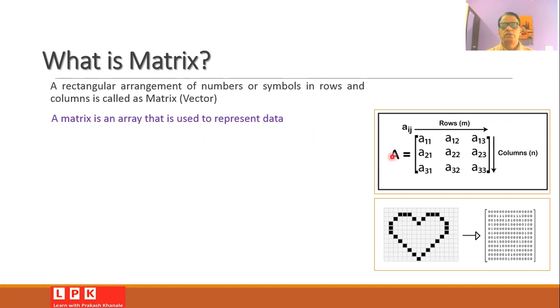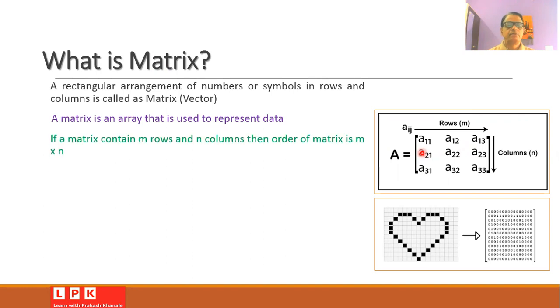As shown in this window, a matrix A is represented by a table where the first element is A11, the second element is A12, the third element is A13. So there are 3 rows and 3 columns in this matrix.